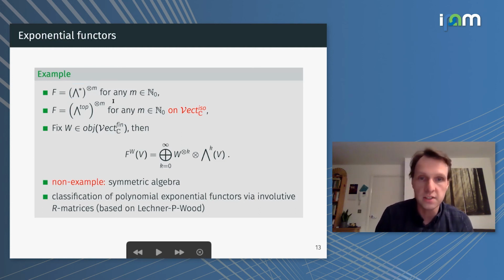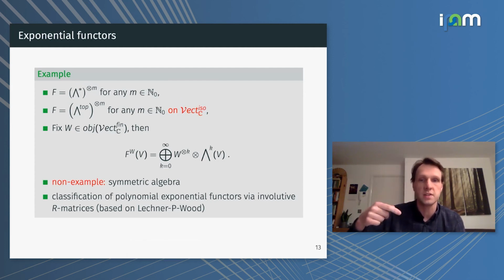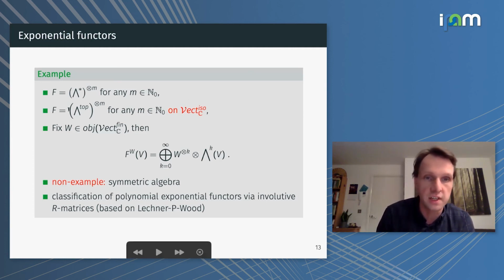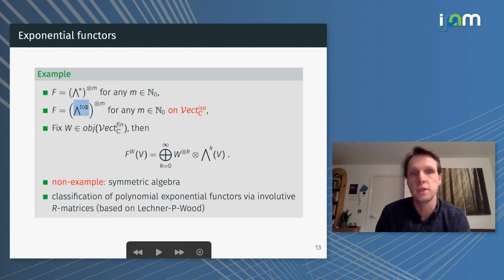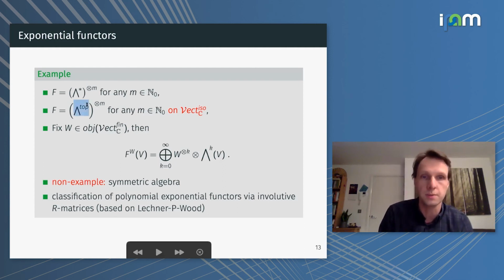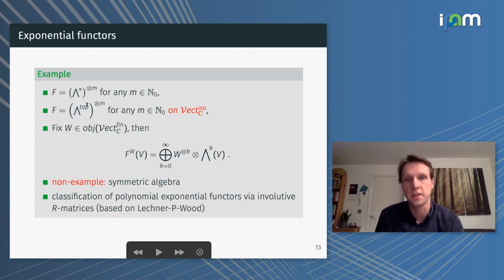I only need this exponential functor in our construction to be defined on this subgroupoid of finite dimensional inner product spaces and unitary isomorphisms. And if I restrict to that, then I have another example here. I can take the determinant functor or mth tensor powers of the determinant functor, right? So lambda top is the top exterior power or determinant. So that also works if I restrict to this subcategory here.